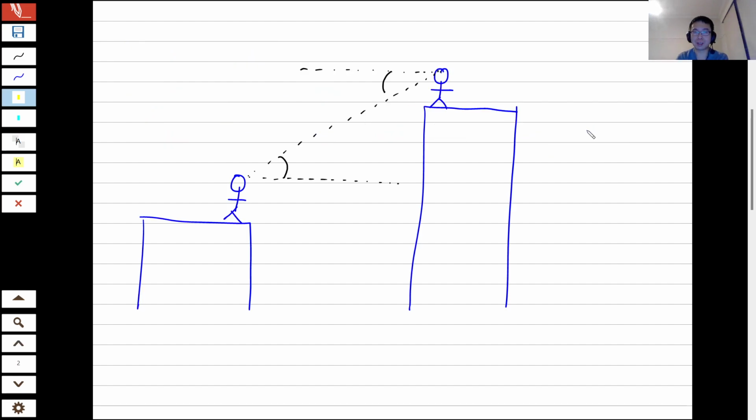So let me start by showing you a picture. These could be two people standing on two different buildings, two different cliffs, with one person who is lower looking upwards at someone who is higher.